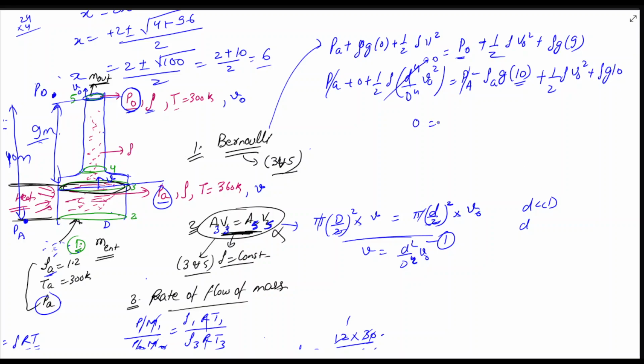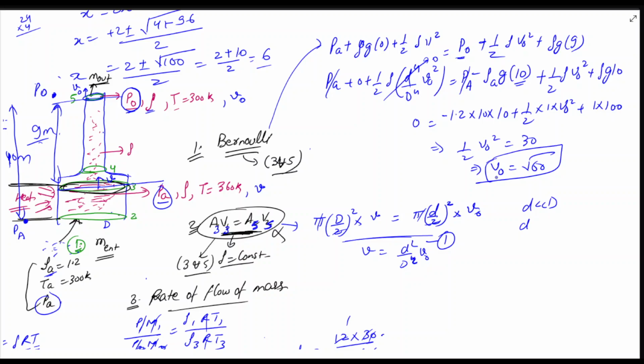This will be 0. So this 0 is equal to, we'll get rho A, it is 1.2 into 10 into 10, plus half rho is 1 times V naught square, plus rho will be 1 into 10 into 10, 100. This is minus, so we will get half V naught square will be 30, and we will get V naught as root 60.